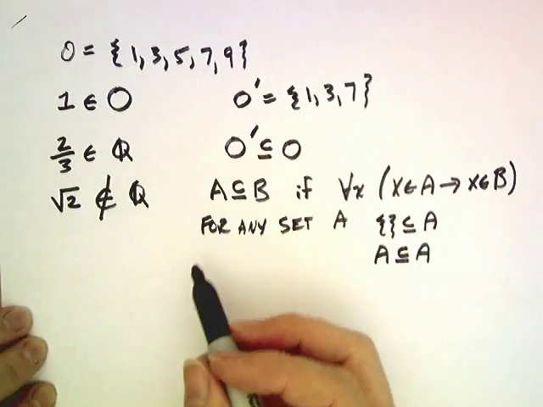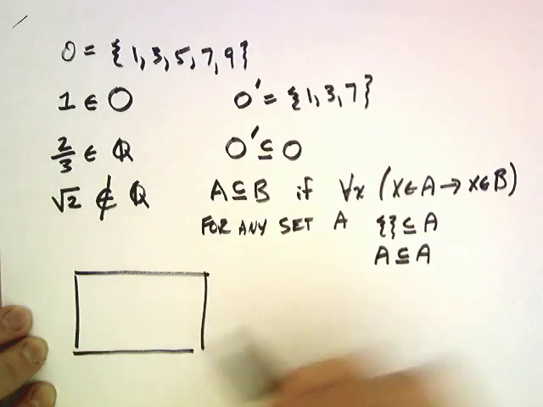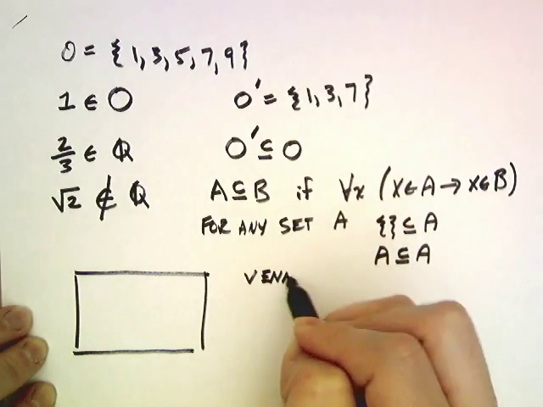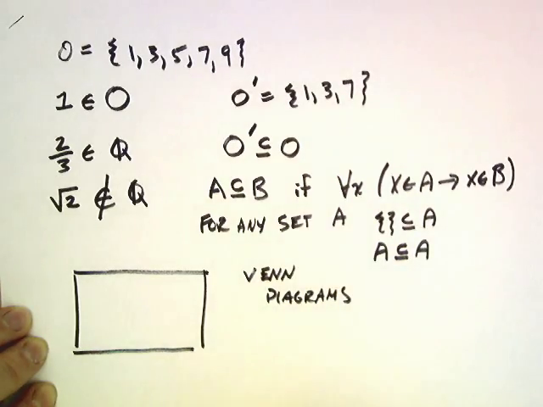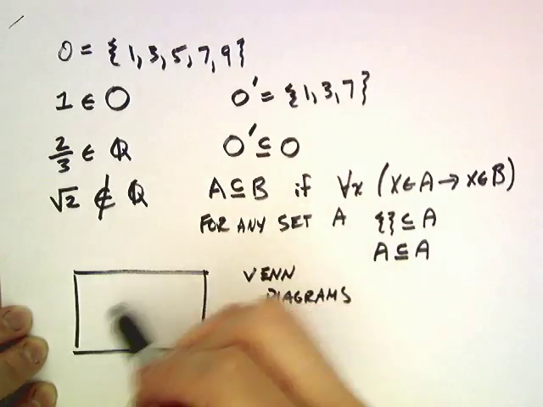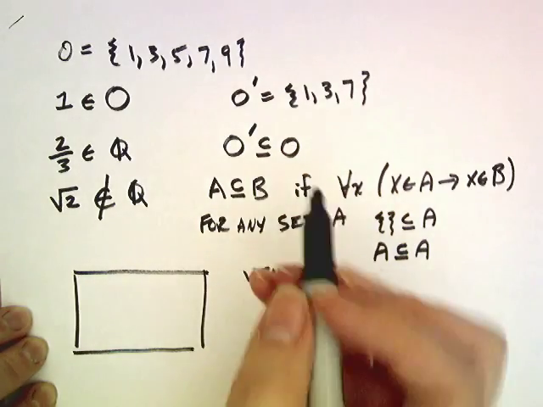And we could draw a picture. These are often called Venn diagrams. So for example, this rectangle usually denotes some giant universe of objects.